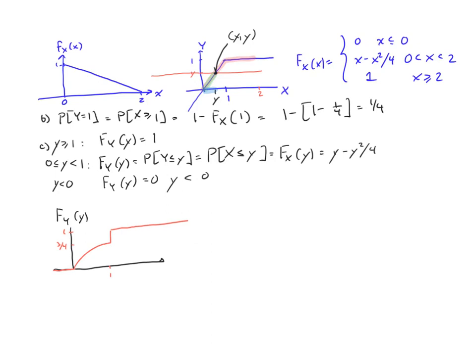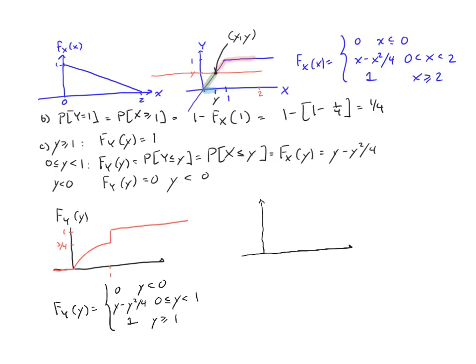Algebraically, we can write the CDF of y is equal to 0 for y less than 0, y minus y squared over 4 for 0 less than or equal to y and less than 1, and 1 for y greater than or equal to 1. Now the final step is to find the PDF of y, and we do that just by taking a derivative. Of course, for each piecewise segment of the CDF of y, we can take the derivative for each piece.